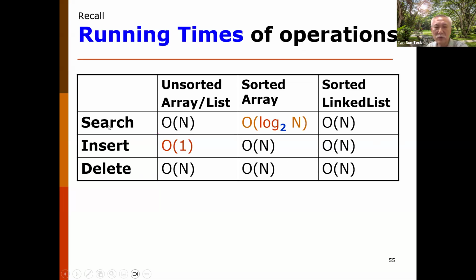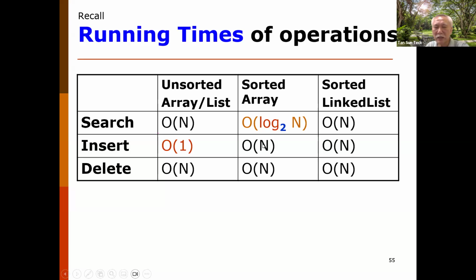Sorted linked list, if you want to do searching, because it's sorted, but it does not have any pointer to guide you from one node to another, you might be searching from beginning to end, which is O(n). To insert, you have to search for it first before you insert.